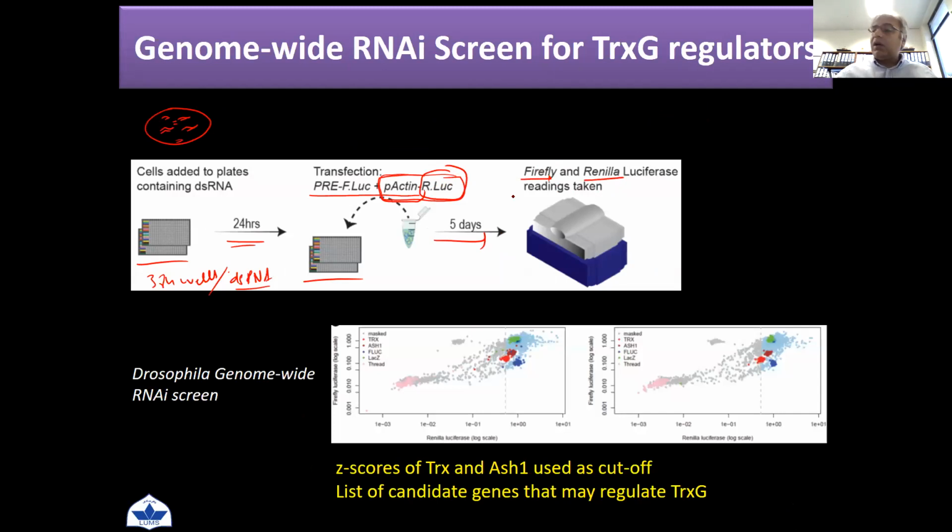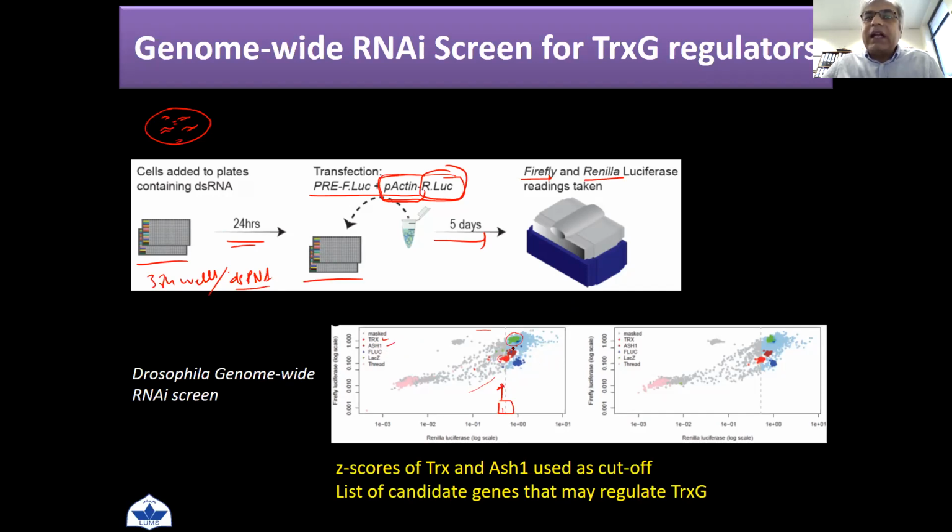This is the summary of the genome-wide screen. This dotted line shows the cutoff. All these genes we excluded using statistical assays. Each plate had LacZ, which is this one, so luciferase is very high in the presence of LacZ. We used trithorax and Ash1 as positive controls.